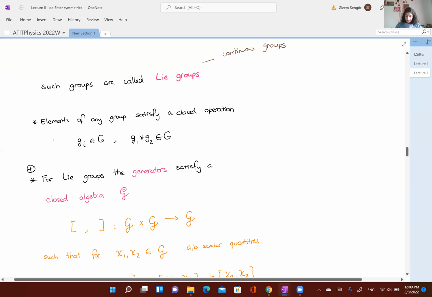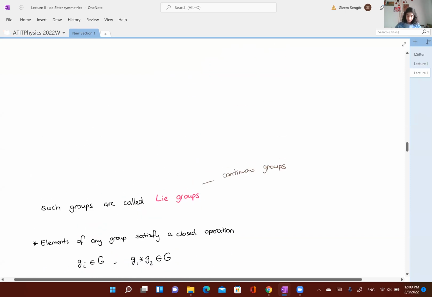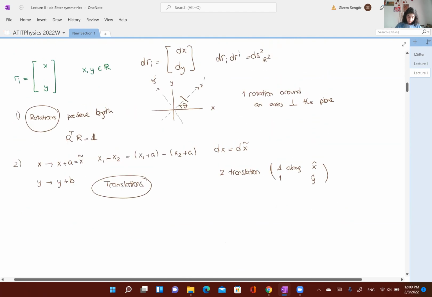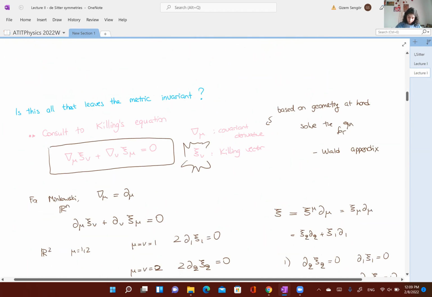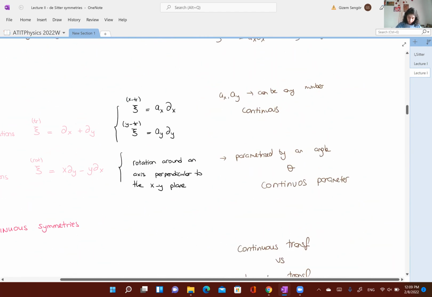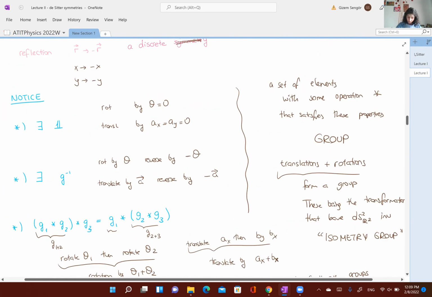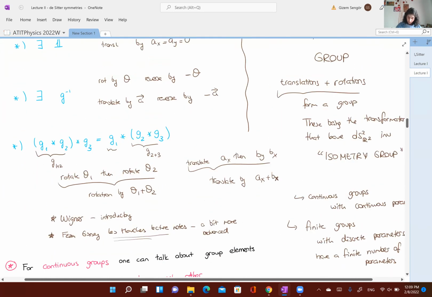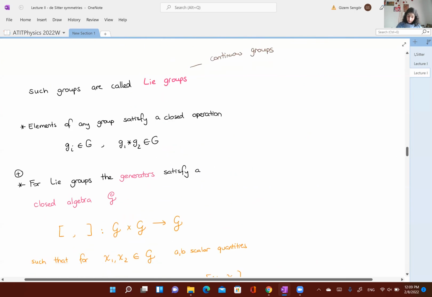Now we said the elements of a group satisfy a closed operation with all these properties we mentioned in the beginning: the existence of inverse, existence of unit element, and the associative law. Now for Lie groups, furthermore, there exist generators, and these generators also satisfy a closed algebra.